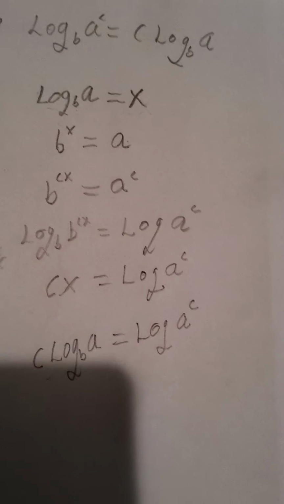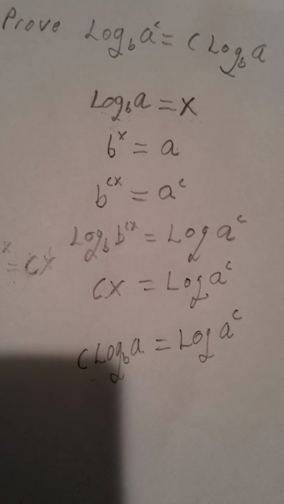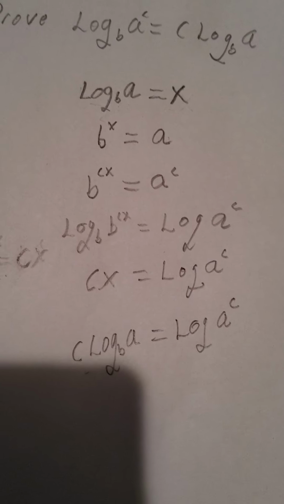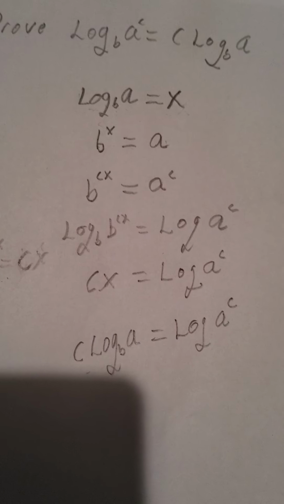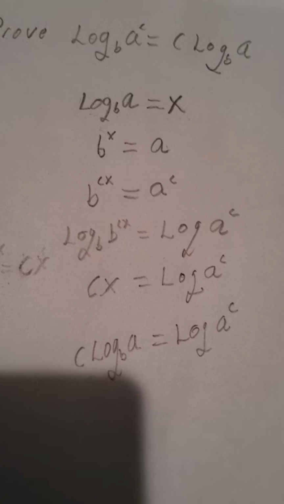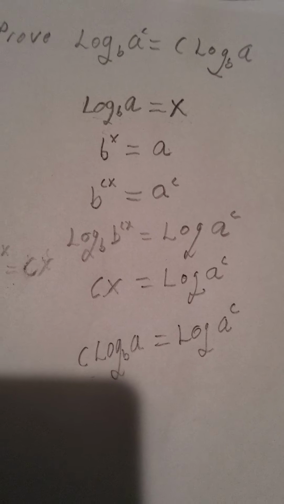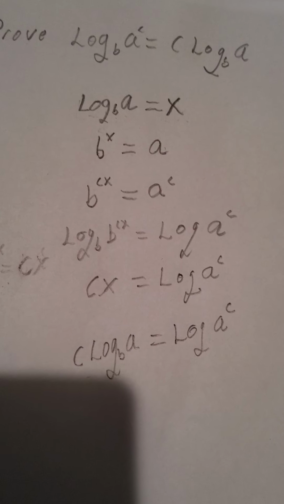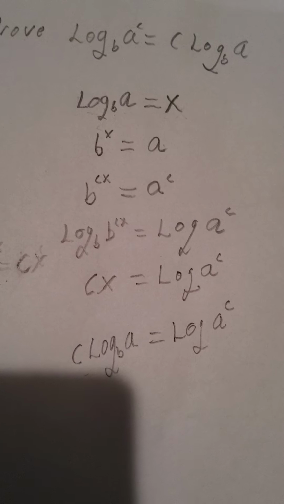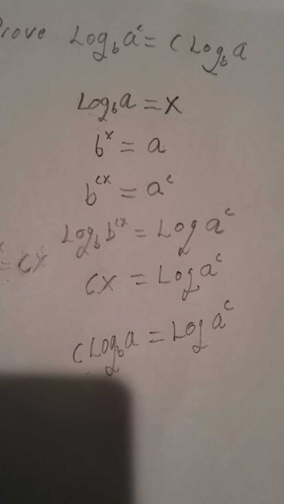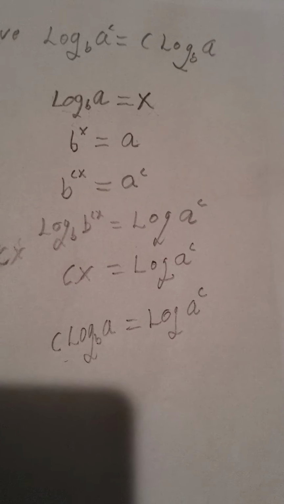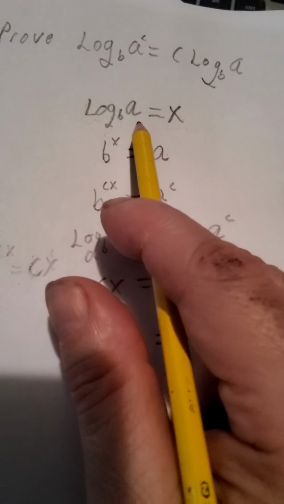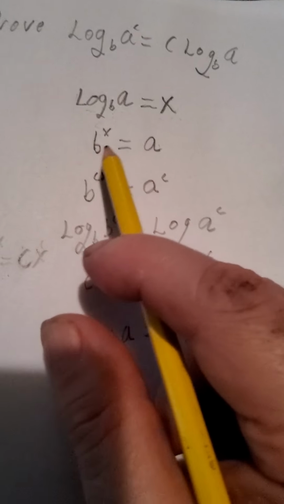But you really have to think about the properties of logarithms to figure it out. I had to go back to the original property of logarithms. Usually what you'll do is take the function itself before anything's raised to a power, set it equal to a variable, and start your proof from there. Here, I let log a base b equal x.